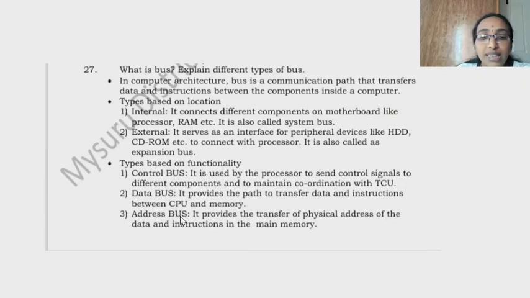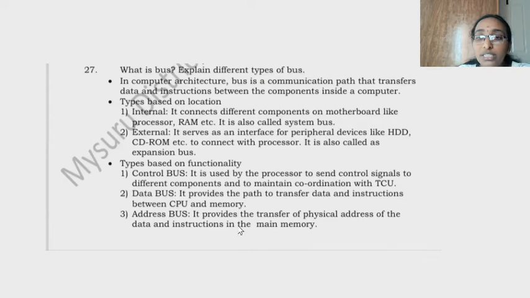The data bus provides the path to transfer the data between the CPU and the memory, that may be main memory. The data bus may consist of 32, 64 and 128 lines of wire.